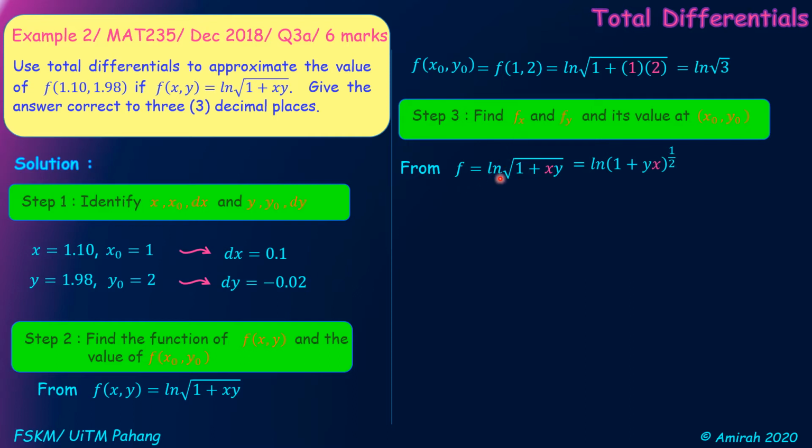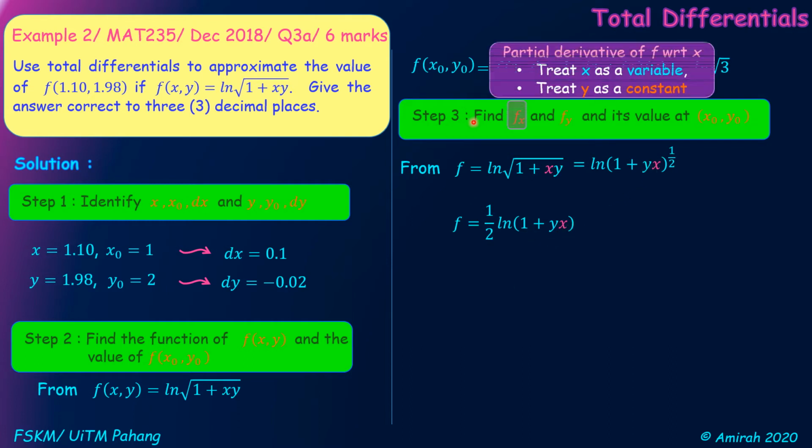Here we have ln and then square root. To make it easy to differentiate, we can write the square root in the form of a bracket to the power of half using the properties of indices. Then from the properties of log, we can move the power to the front. From log a to the power of m, we get m log a. So we get half ln(1 plus yx).